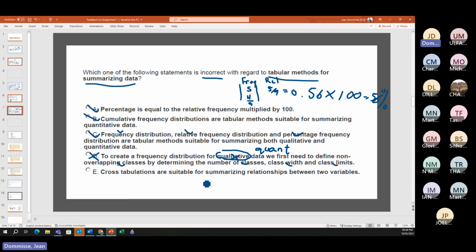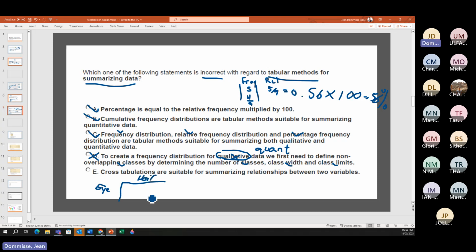Cross-tabulations are suitable for summarizing relationships between two variables. I don't think we nearly looked at something like this, but when we get to study unit 4 and 5, when we start looking at probabilities, a thing could have been that we're looking at eye color and hair color.